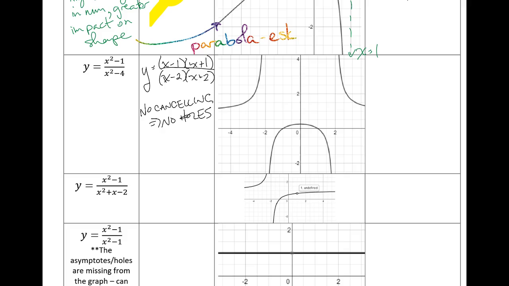So when I go to do my non-permissible values, for x, I'm going to set my denominator equal to 0, not equal to 0. And I don't need to include my numerator because my numerator is totally valid in being 0. I can have nothing and divide it into as many pieces as I want, and I'm still going to have nothing. And so x cannot be plus or minus 2.